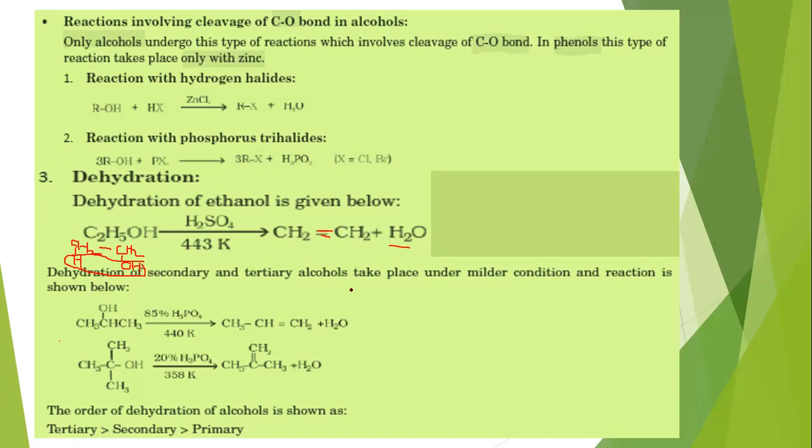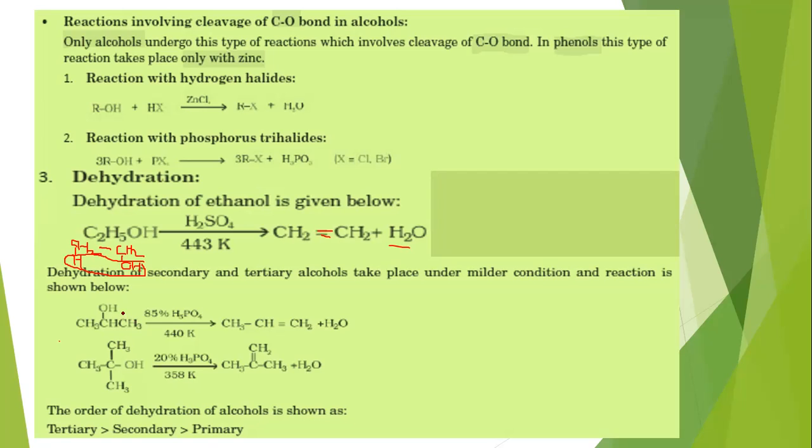Dehydration of secondary and tertiary alcohol takes place under mild conditions, and the reaction is as given below. CH3CHOHCH3.